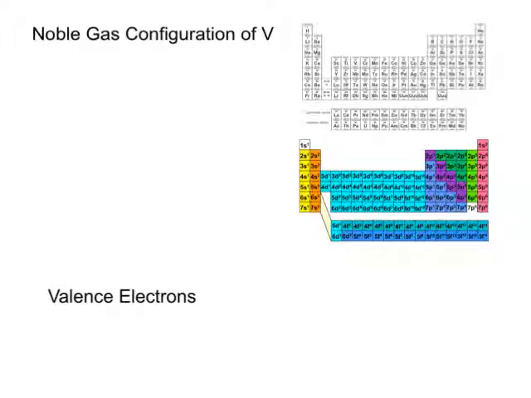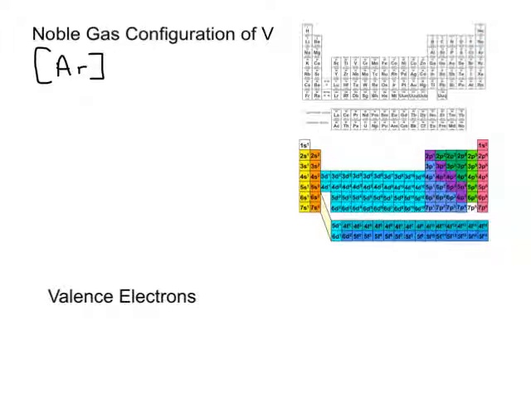The noble gas shortcut is going to save us a little more on this one, because now I find vanadium, and the noble gas that comes before it is Ar, so I put that in brackets. And this is going to save us more because now Ar takes care of the 1s2, 2s2, 2p6, 3s2, and 3p6.